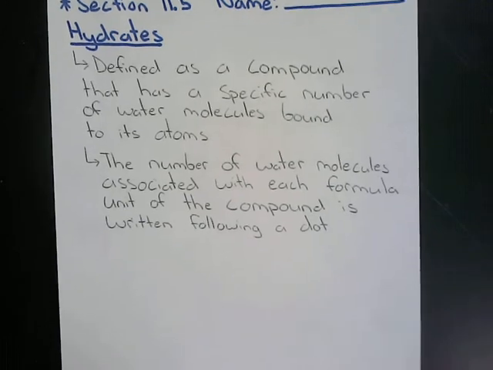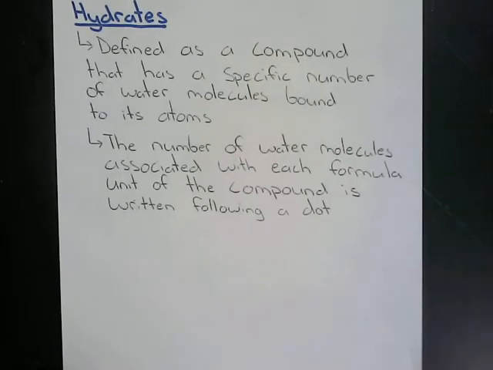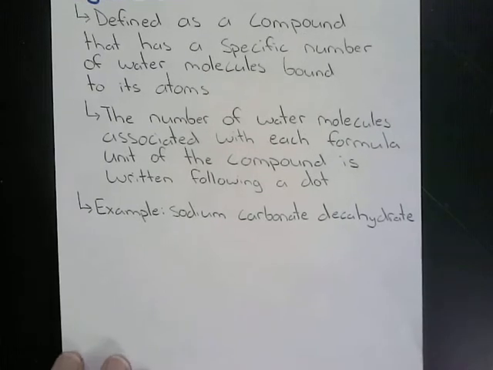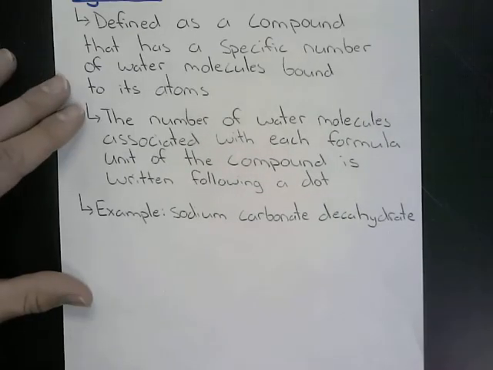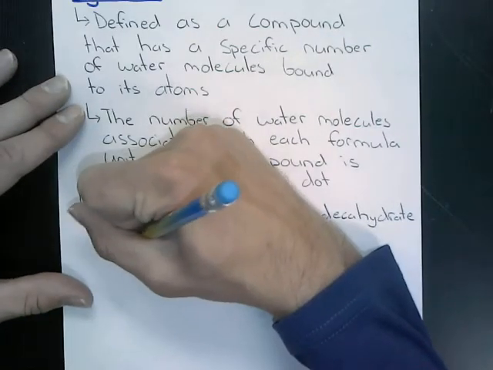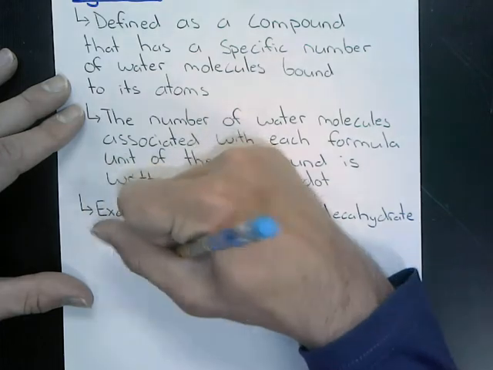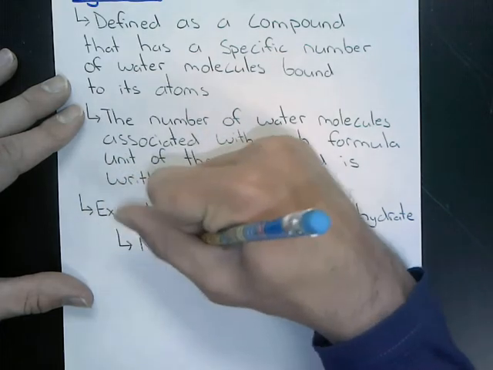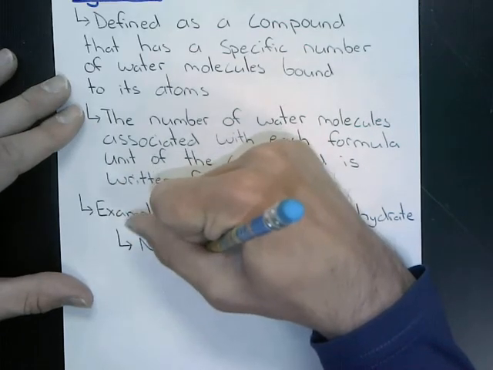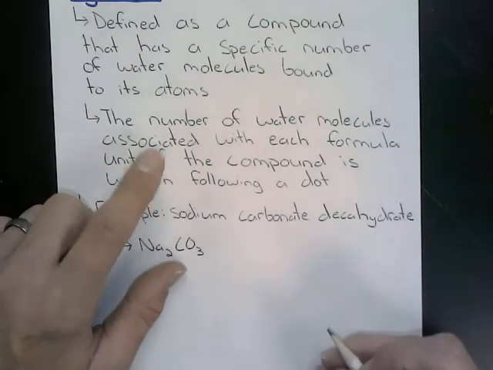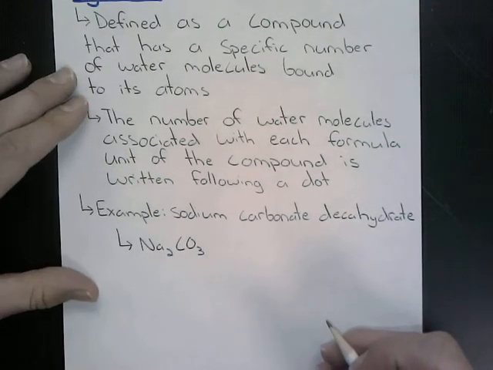So to help explain what we just wrote down, let's go through an example. This example is sodium carbonate decahydrate. We would first start out with the compound sodium carbonate, which would be Na2CO3. And then we worry about this business that we wrote just above.